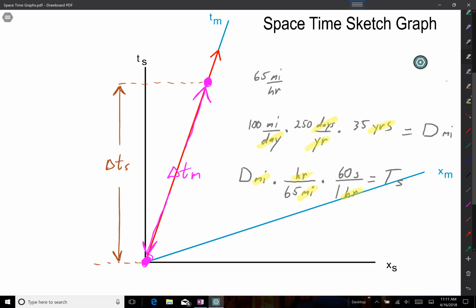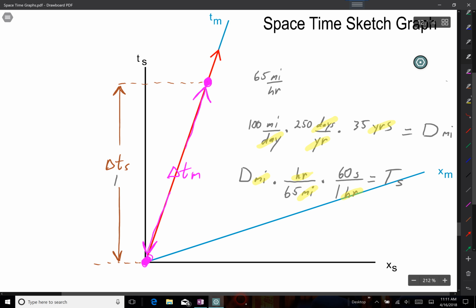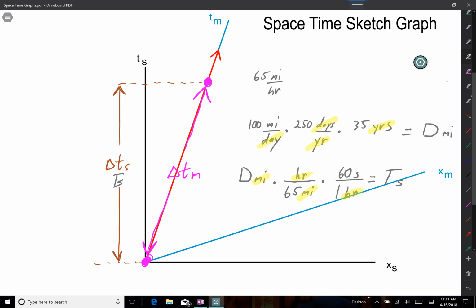And that's a time as measured by somebody who's measuring the 65 miles per hour. So that's over here. This is my delta TS. That's the time as measured by somebody in the perpendicular reference frame.